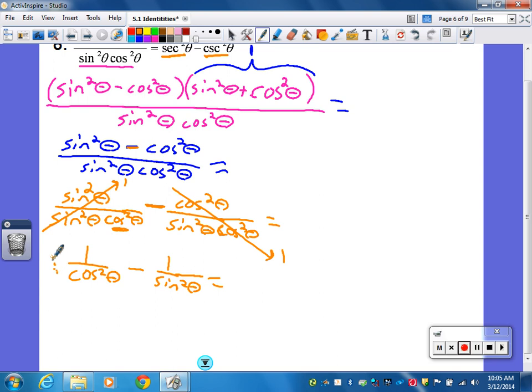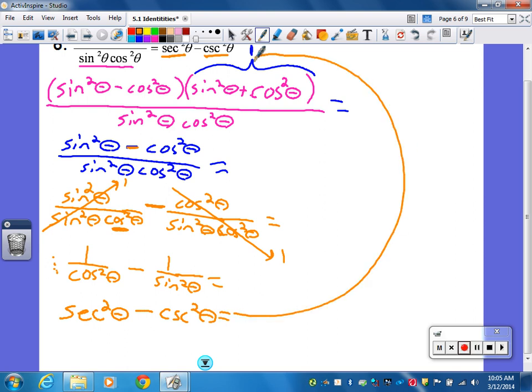Okay, so 1 over cosine squared theta is secant squared theta minus cosecant squared theta, which is what we're looking for up here.